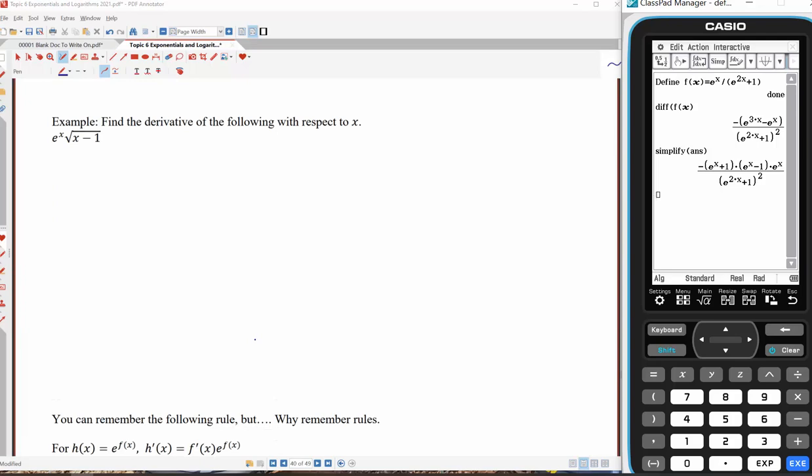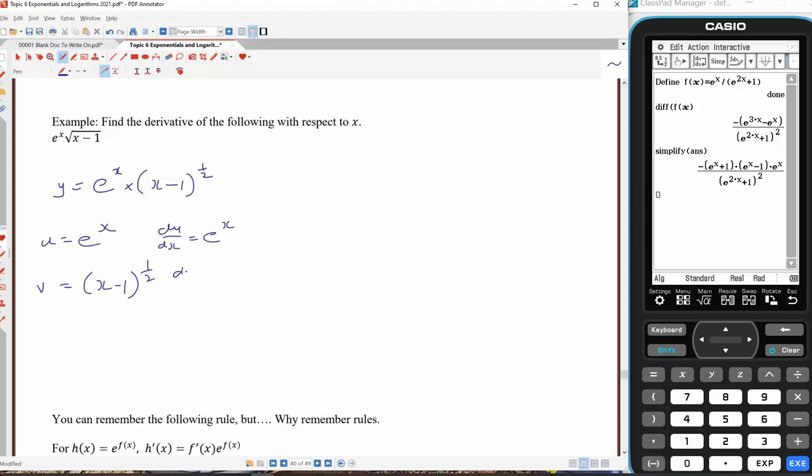Okay, here we go. Find the derivative of the following with respect to x. So we'll go y equals e to the x times x take 1 to the half. u is e to the x, so it's product rule. v equals x take 1 to the half. du dx equals e to the x. dv dx equals, the inside's derivative is 1 multiplied by half u to the negative a half.